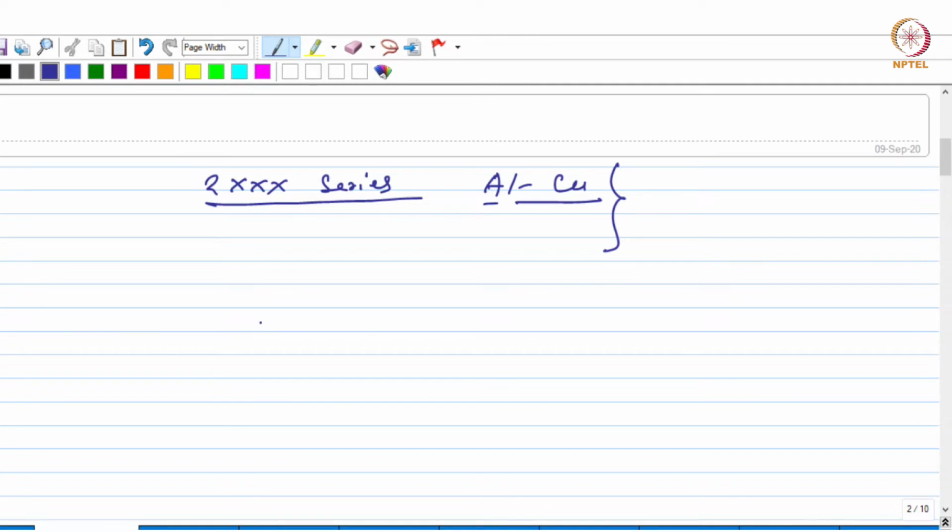In fact, we have already talked about this, so let me give you a little more detail as to what exactly are those phases which form during the precipitation hardening of this particular alloy. So this is the sequence that we have already seen.